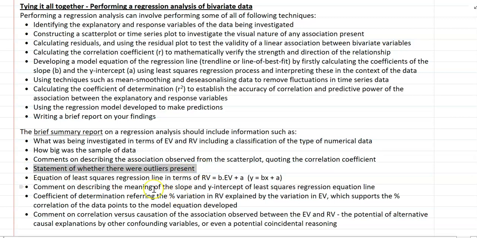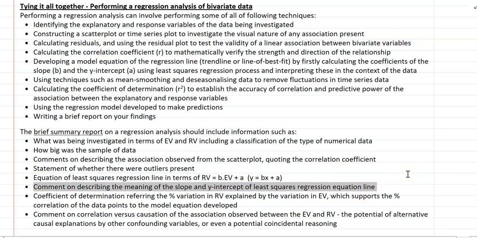Make a statement of whether there are outliers present. Include the equation of your least squares regression trend line in terms of your response variable is equal to your slope times your explanatory variable plus your y-intercept value.